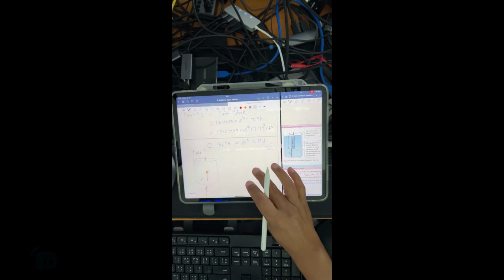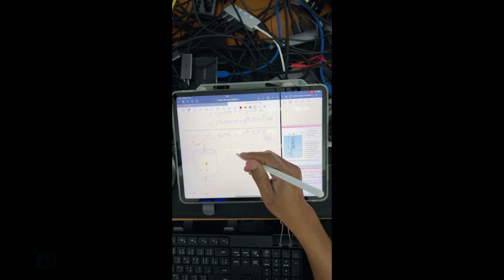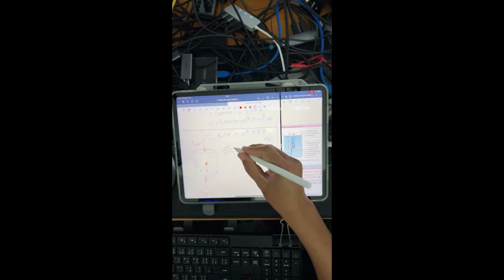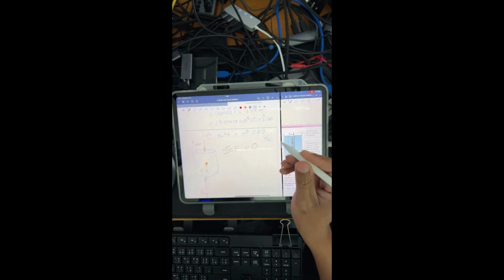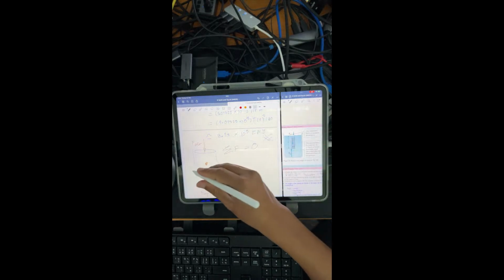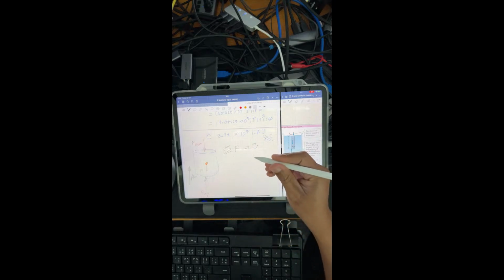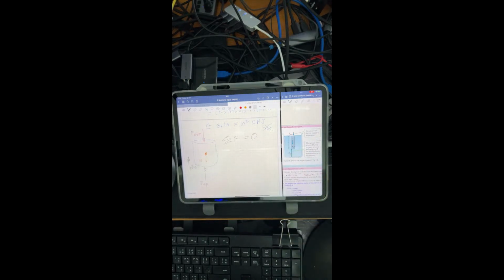F air is pointing downward like that. And from Newton's first law, when everything stays in equilibrium, sigma F remains 0. Let's say pointing up is plus, so everything that points in the opposite way is considered a negative value.